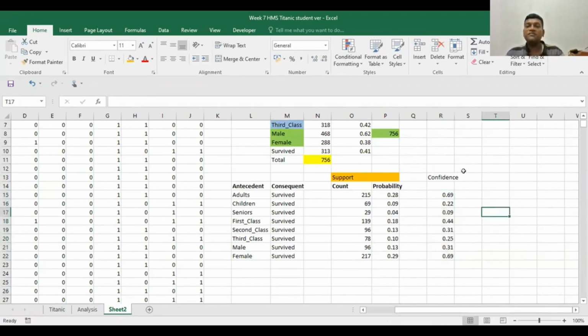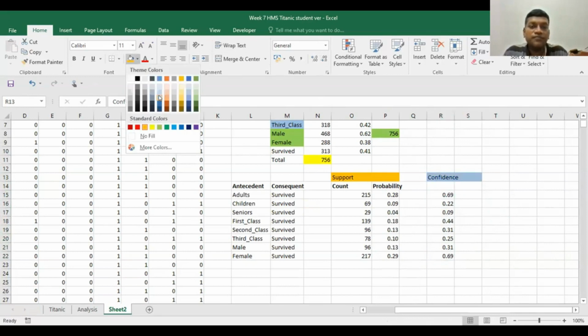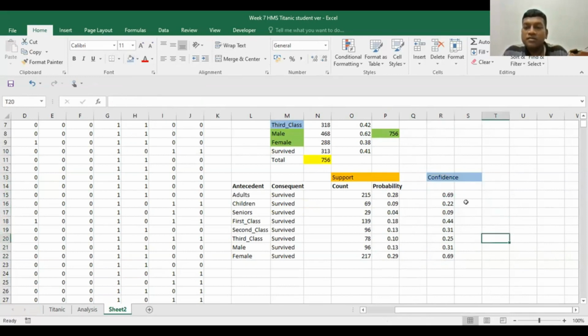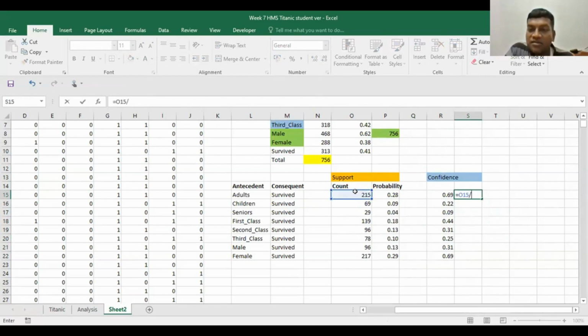There is another way of finding this confidence, which is by actually counting the number of times. The number of times these two have happened, that is this, divided by the number of times people have survived, which is 313.